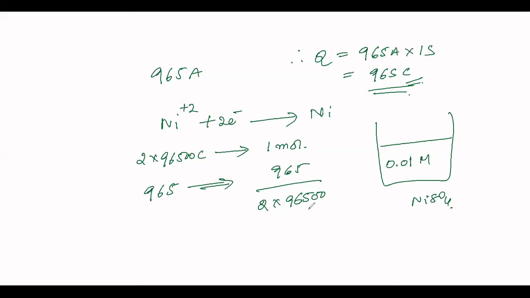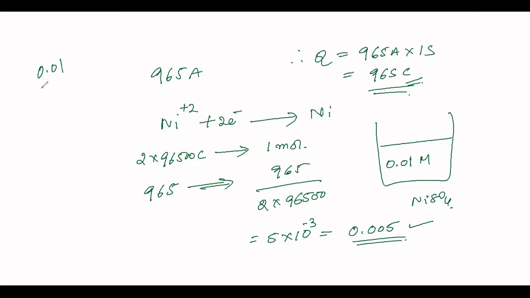Divided by 2, this will be equal to 5 into 10 raised to minus 3, which is equal to 0.005. So these many moles of NiSO4 are deposited, which means the initial amount was 0.01 mole.